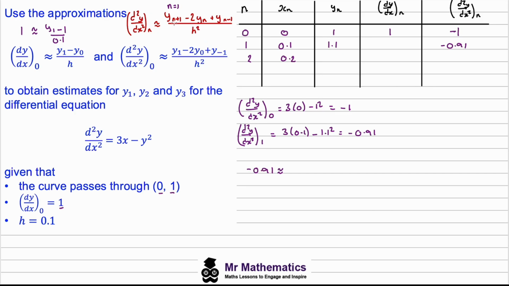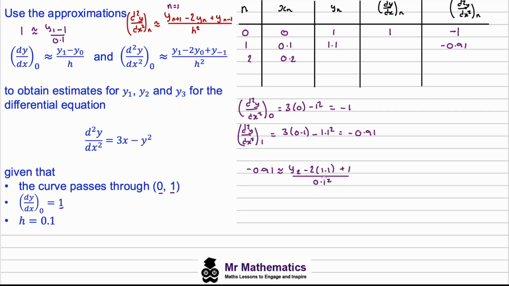And we have our y2 term minus 2 lots of yn, and n is 1, so we've got the 1.1, plus the third term, 1 minus 1 is 0, so we want the 1 here, y0, all divided by the 0.1 squared.